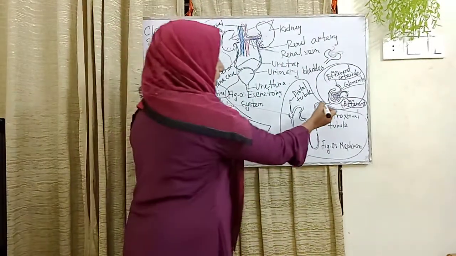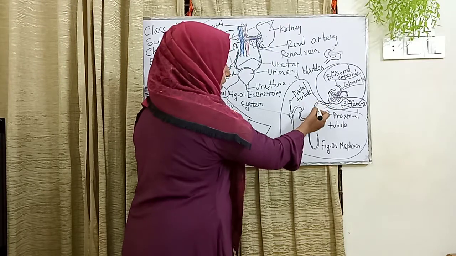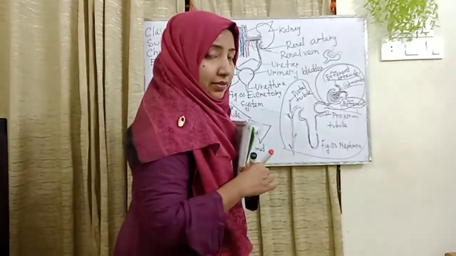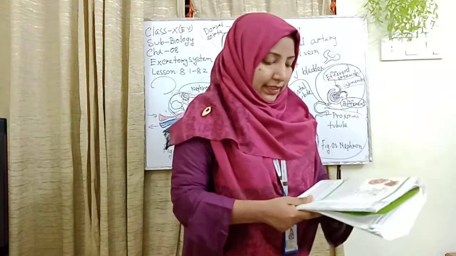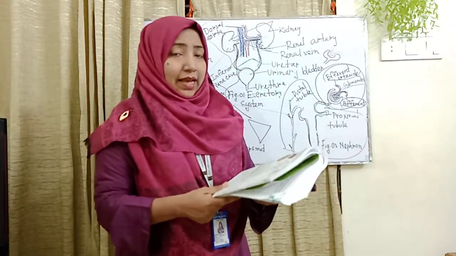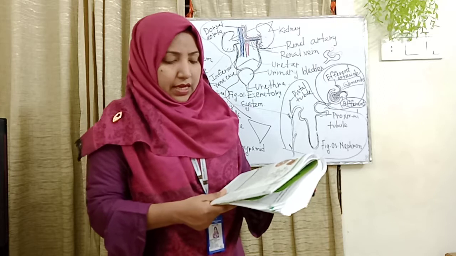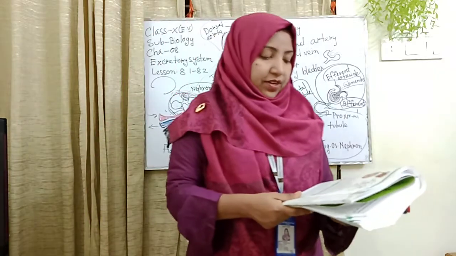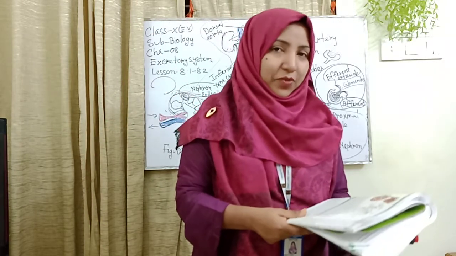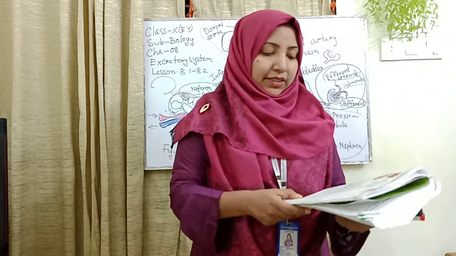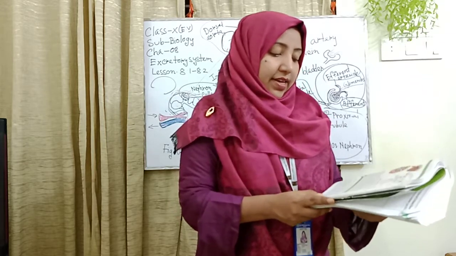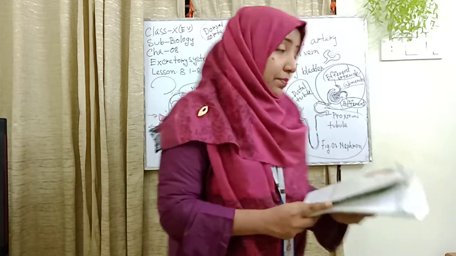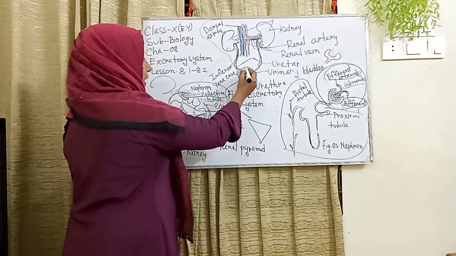Finally, the liquid filtrate that remains is urine, which passes to the ureter through the collecting tubules and finally is deposited in the urinary bladder.